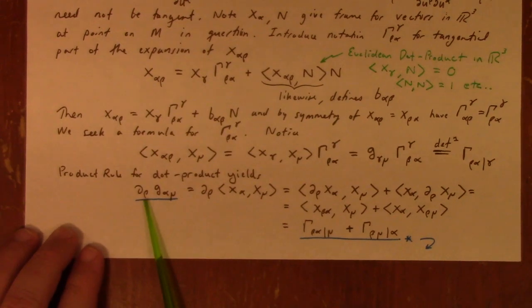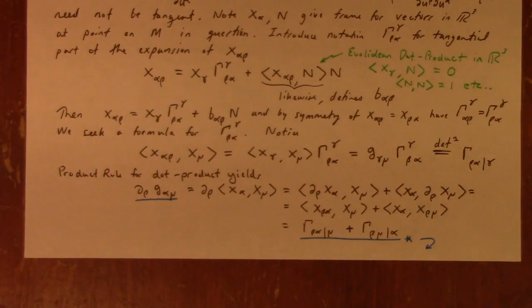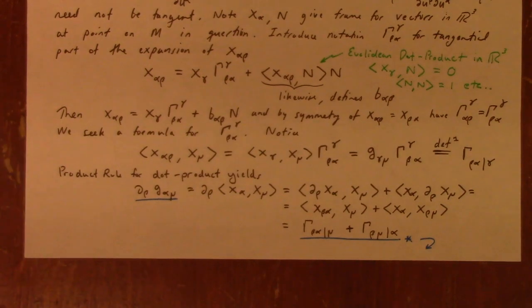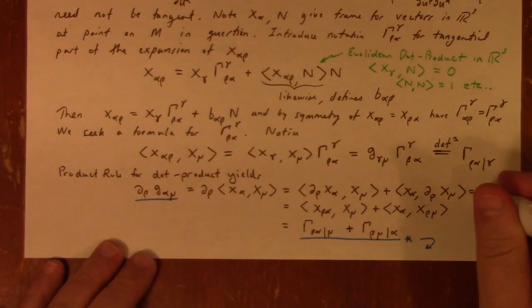And so we take the derivative of this, we get that inner product, plus x inner product with the partial derivative, the beta partial derivative of x mu. And of course those are exactly the acceleration, and that's the other acceleration.